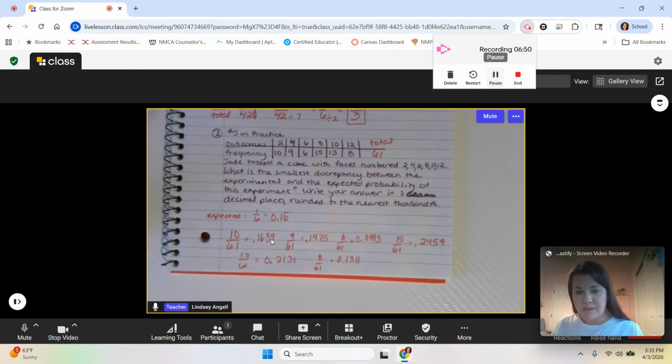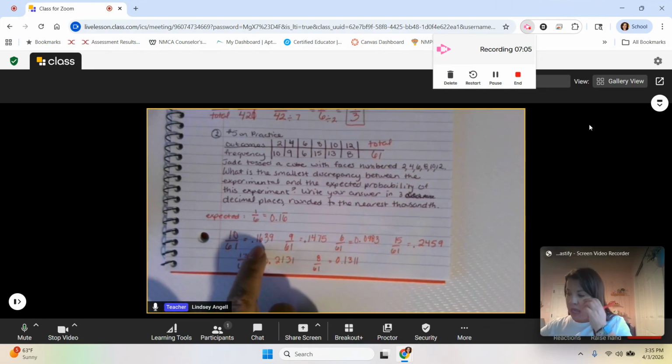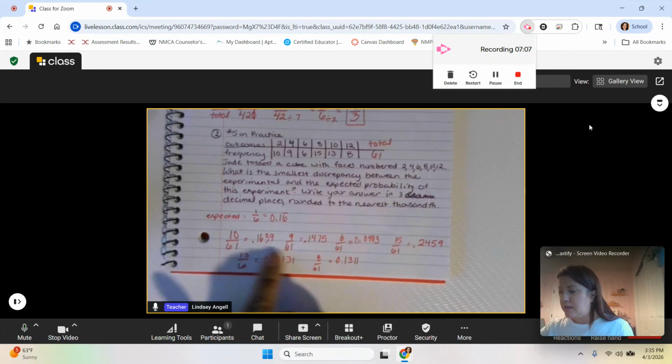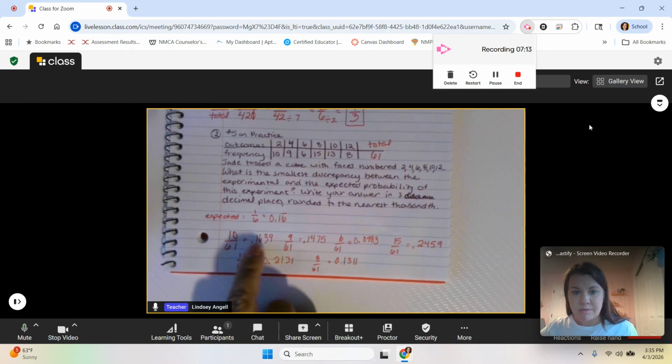What we want to find is the lowest difference, that's a better way for me to say it. The lowest difference between this one being our expected probability, and the ones that we found here. So we're trying to figure out which one is closest to it. And that would be this one here.